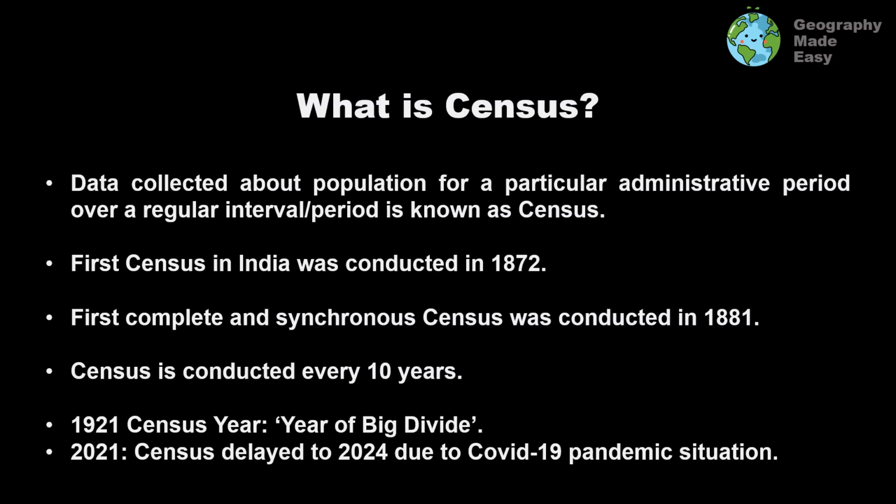Now we will be looking at some technical topics and definitions which are very important, and we need to understand them if we want to study population geography. The first and most important understanding we have to have before we go into population is the population data collection methodology, which is called the census.